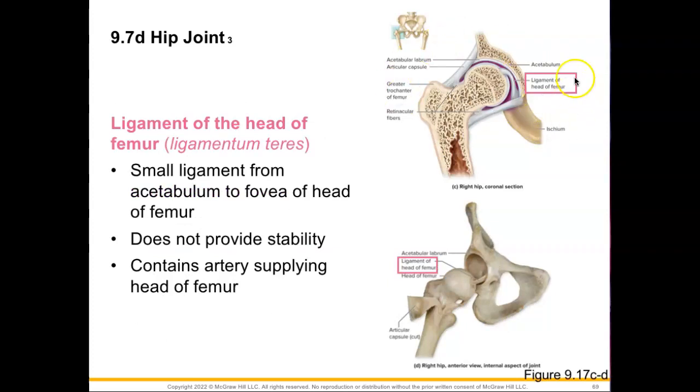And another special ligament found inside the capsule is our ligament of the head of the femur, which is also known as ligamentum teres. This is just a small ligament from the acetabulum that fits onto that fovea of the head of the femur, and it doesn't really provide stability, but it does contain an artery that supplies the head of the femur, and you could see it in this cadaveric view as well.